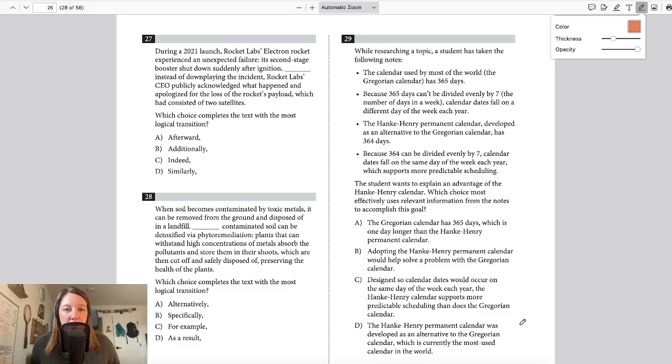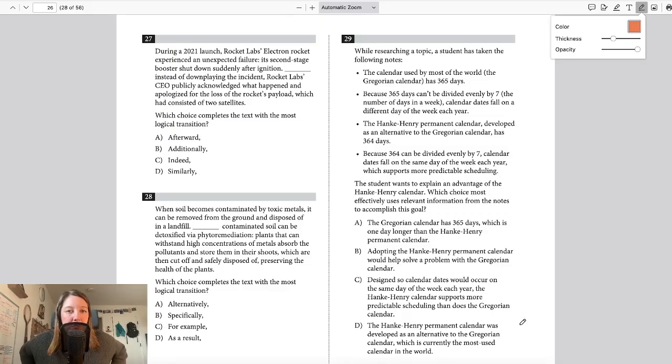So that's what we're evaluating. Okay, so knowing that we're looking for something like that, let's read those sections. We know this rocket experienced an unexpected failure. Its second stage booster shut down suddenly after ignition. Blank. Instead of downplaying the incident, Rocket Lab CEO publicly acknowledged what happened and apologized for the loss of the rocket's payload, which had consisted of 2 satellites.